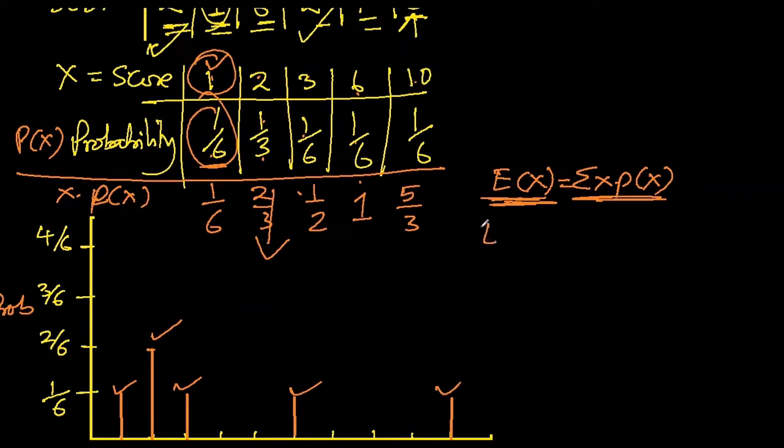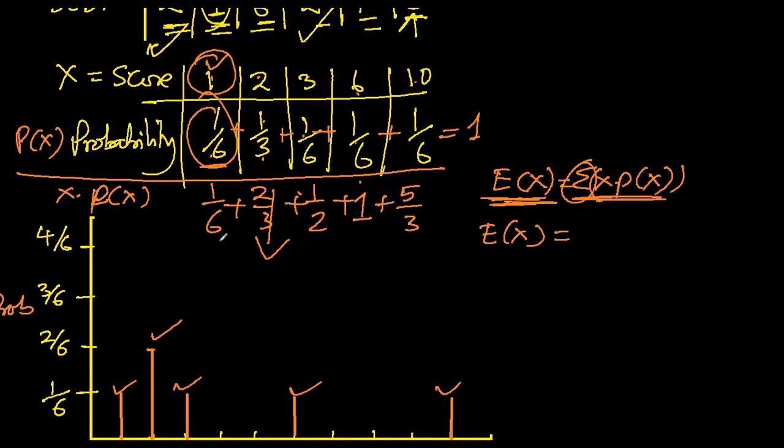And your expected value will be the sum, sigma. Sigma means sum of all of them, x px. So you add all of them. If we add all the probabilities, we know that we get the sum as 1, right? But when we add expected value, we can get any number, more than 1, less than 1, depending on the outcomes.